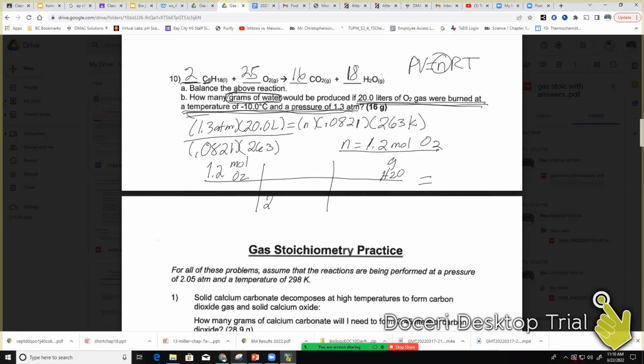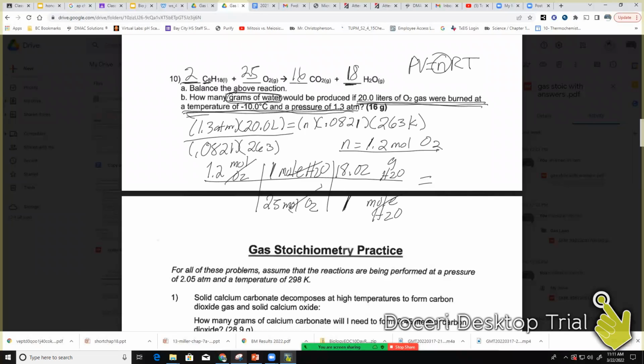So 25 moles of oxygen for every 18 moles of water. And then follow my units, moles of water down here. And I need it in grams, so I would need a molar mass. You may have the molar mass of water memorized. 18.02 grams per 1 mole.